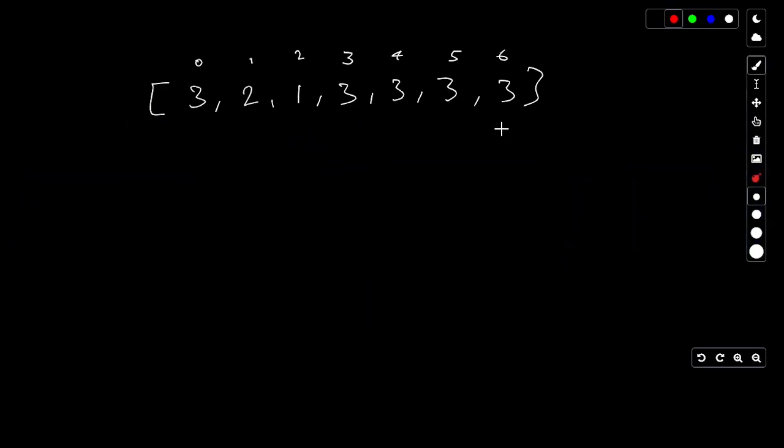The very first approach to this problem is very basic: taking pointers and counting the elements. I can run a nested for loop in which, for each element, I count its occurrences throughout the array, throughout these n elements.